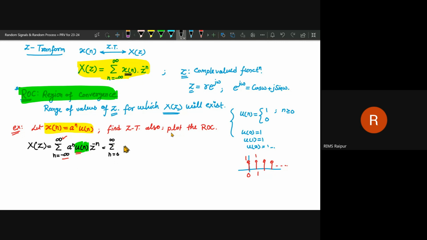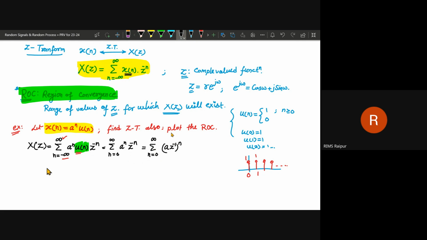So the expression will be changed to summation n equals 0 to infinity a raised to power n z raised to power minus n. Clear? Now we can also rewrite it like this: summation n equals 0 to infinity (a z raised to power minus 1) whole raised to power n.